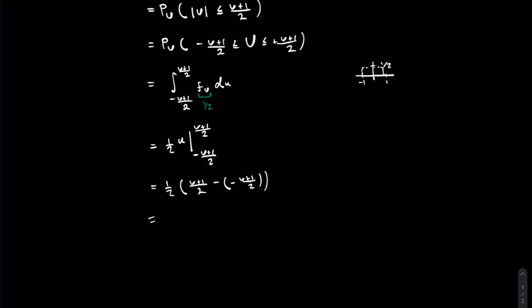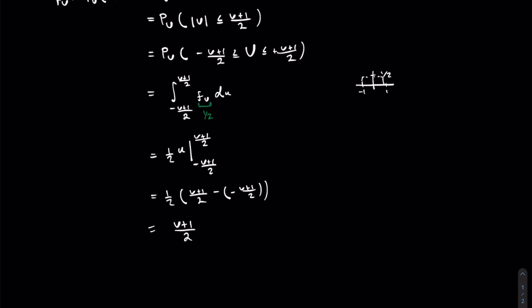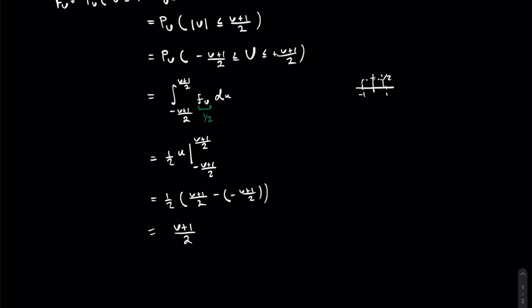And this we see is a plus, and the whole thing adds up to being (v plus 1) divided by 2. That is the CDF of v.